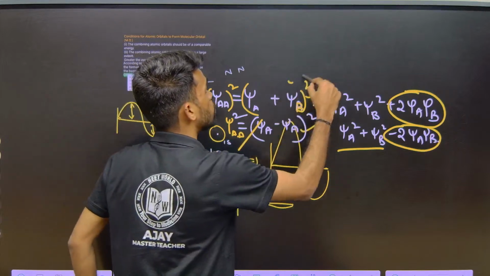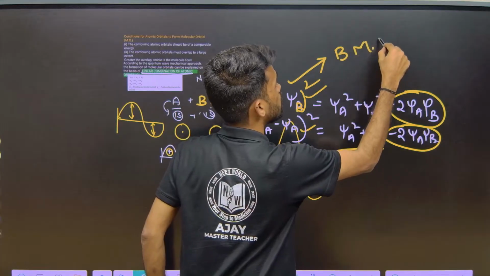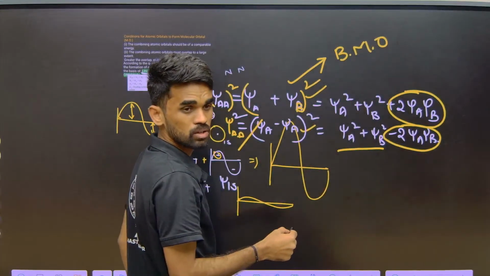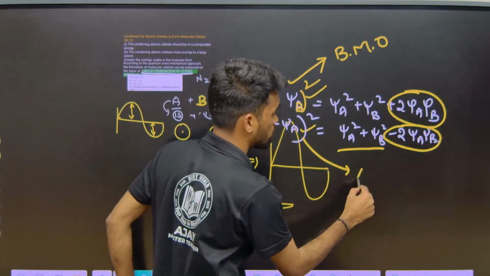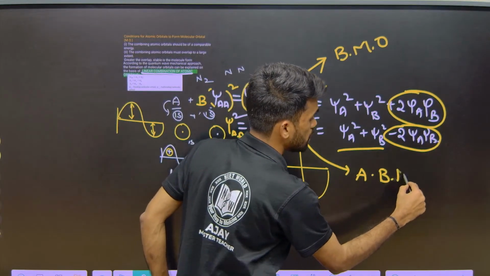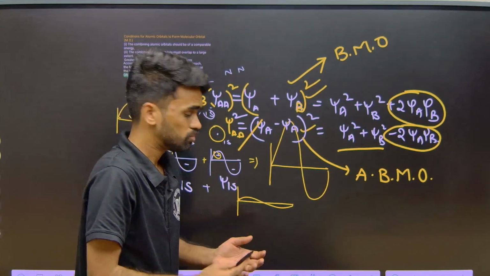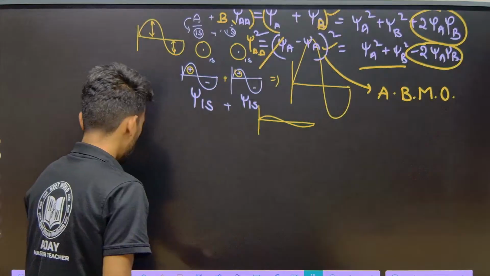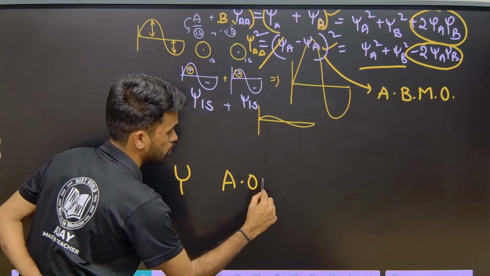Now when it is undergoing constructive interference, you are going to get bonding molecular orbital. What you are going to get? When orbitals are undergoing subtractive overlapping, you are going to get antibonding molecular orbital. What is this bonding and antibonding? See here, when 2 atomic orbitals are overlapping, I am saying 2 atomic orbitals are there.